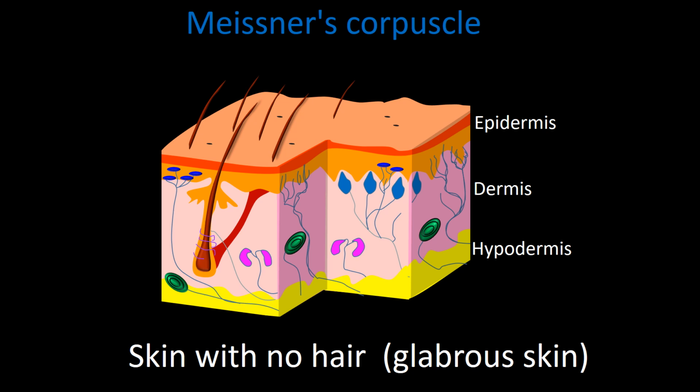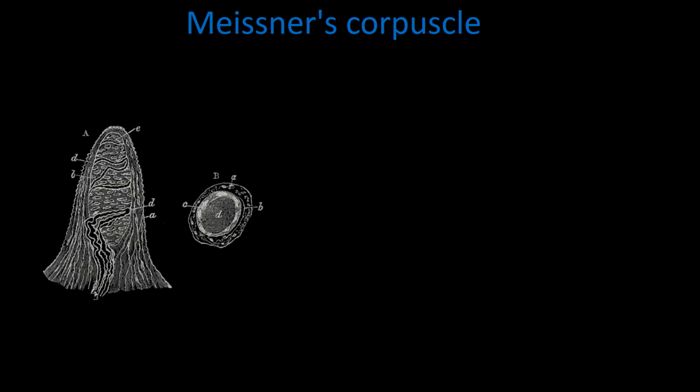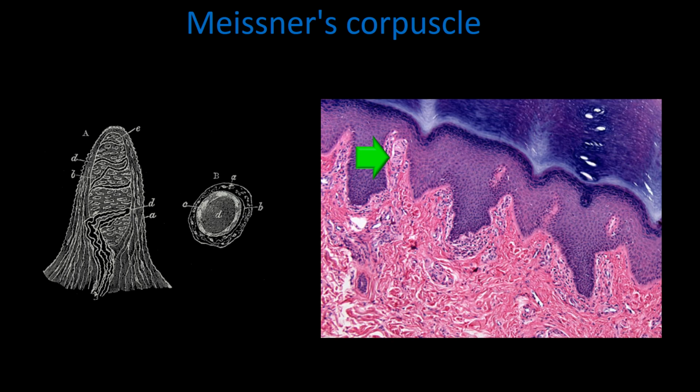They are only present in areas of the body with no hair. They appear as ovoid structures with zigzagging fibers inside, as you can see in this reproduction. Histologically, they look much the same, as you can see in this specimen. They are found just under the epidermis.